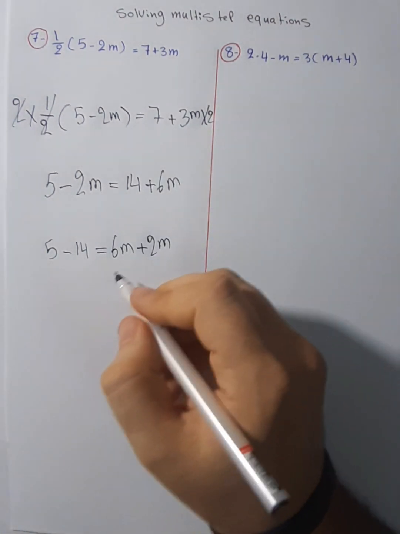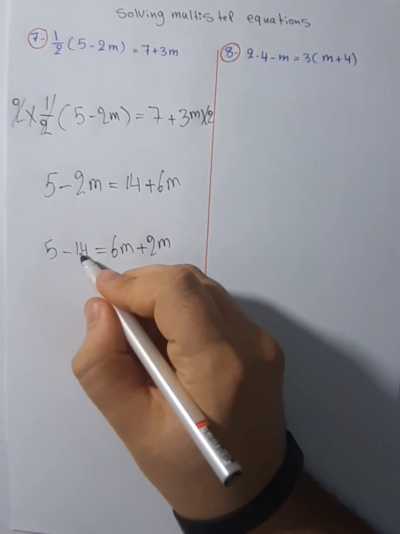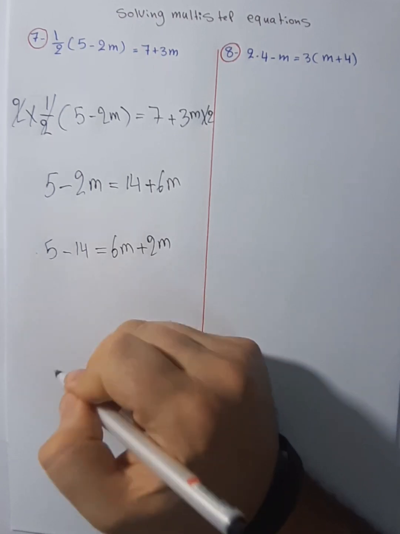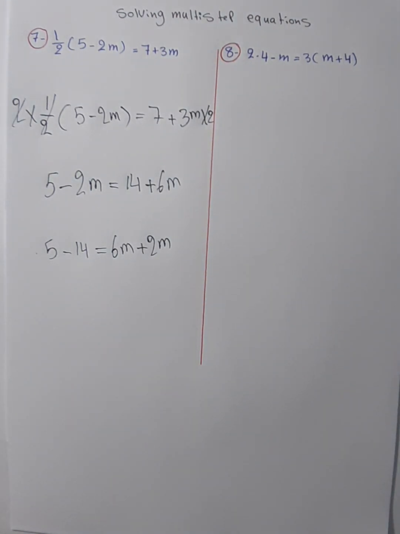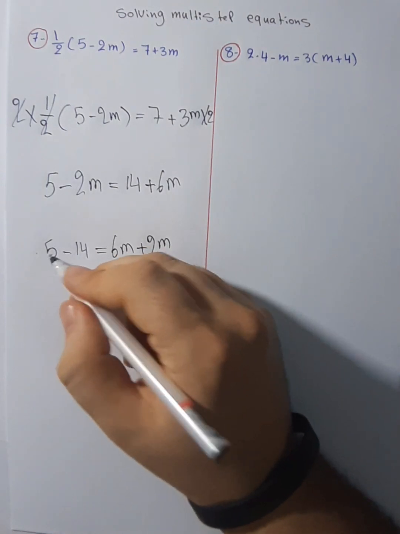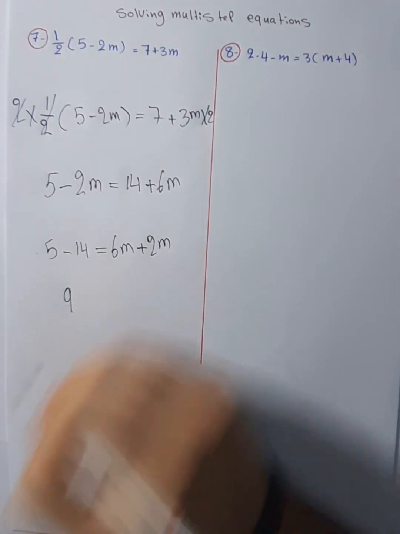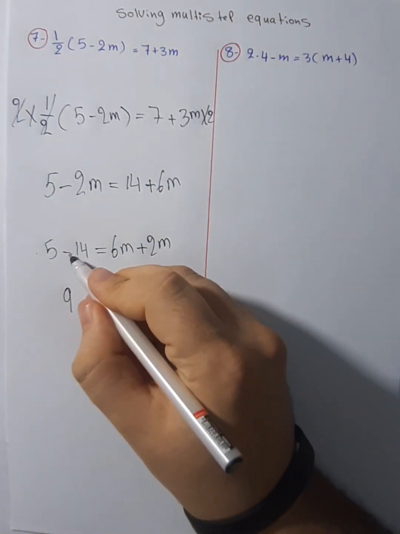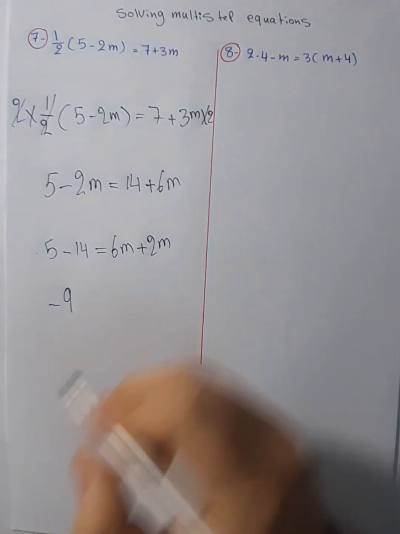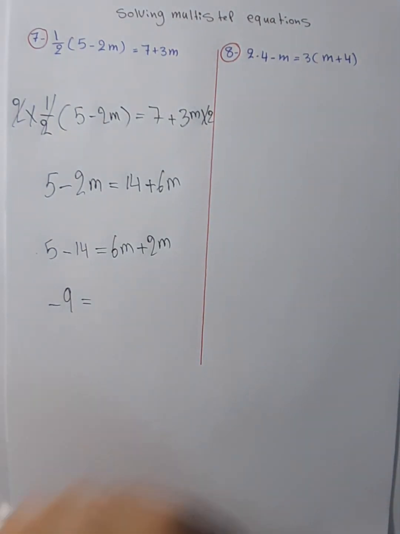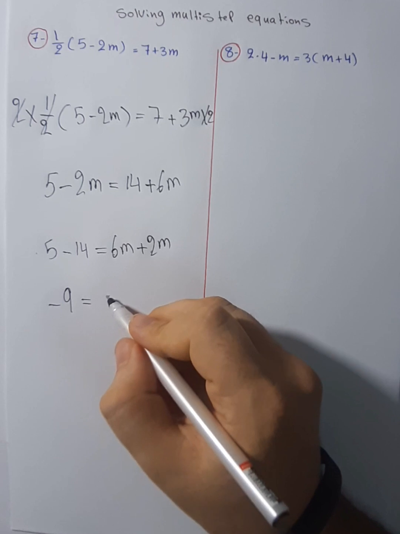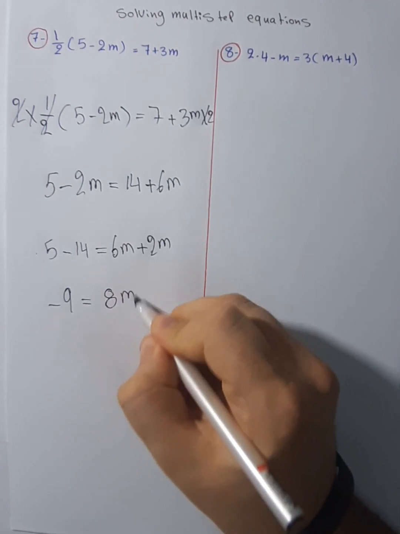After that, we can solve 5 minus 14, or plus times minus equal to minus, so you have to subtract these two numbers. 14 minus 5 equal to 9, and then the sign of the larger number is minus. We have to write negative 9 equal to 6 plus 2 equal to 8m.